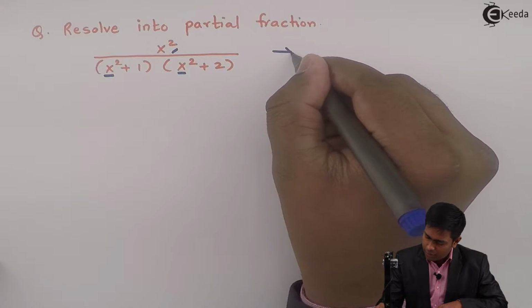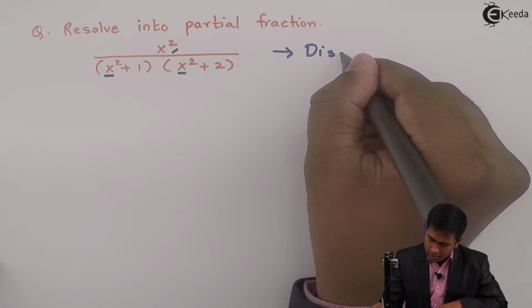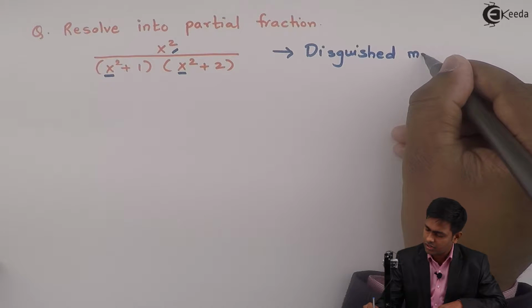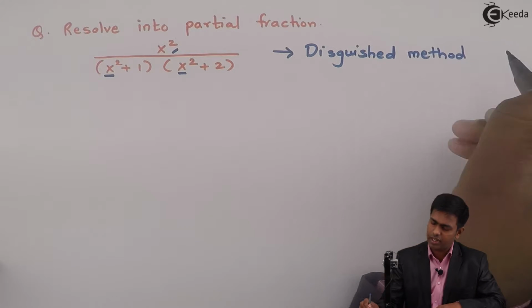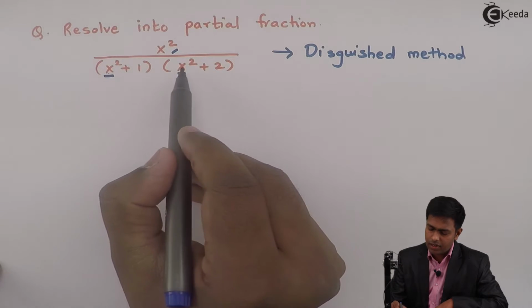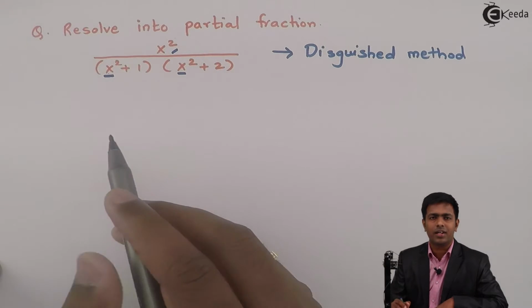So here I am going to use the distinguished method of partial fraction. By the distinguished method we substitute this similar term by some linear term t.